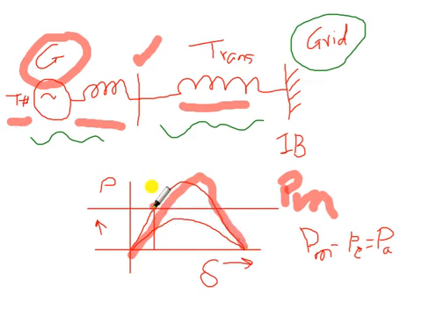Our operating point is where electrical and mechanical power cross each other. But what happens whenever there is a fault in the system? Our power drops to some other curve which has no crossing point with mechanical power, so ultimately we lose the operating point, and our aim is to bring this power back to its original position.